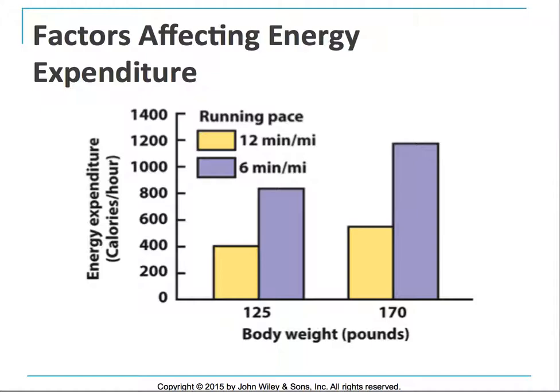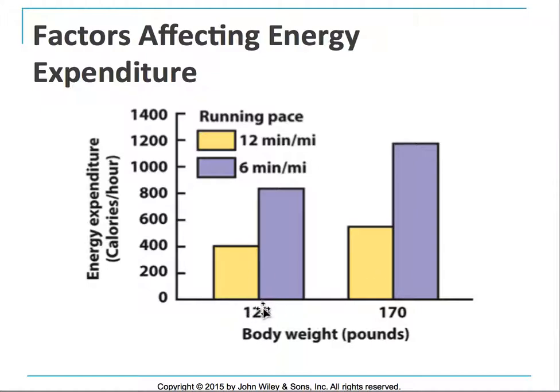Factors affecting energy expenditure. We talked about both body weight, body size, and intensity of activity. In this example, you have an individual weighing 125 pounds and an individual weighing 170 pounds.